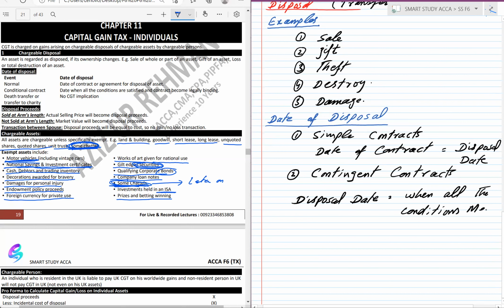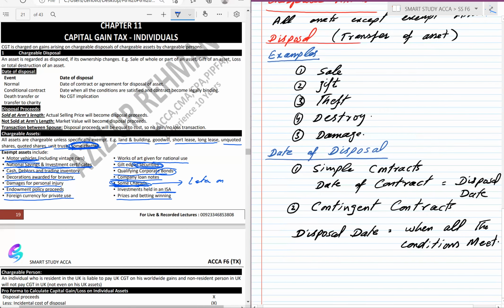When all the conditions meet, on that date the contract becomes legally binding, and that date will be the date of disposal. We will calculate gain or loss as per that date. So this was the second term related to disposal.